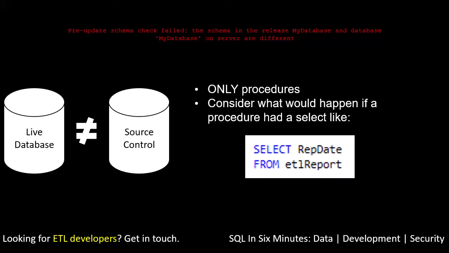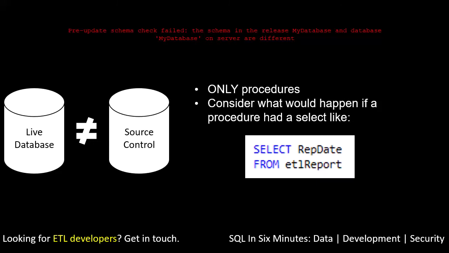So let me be very clear, this is not an error that you're going to get in some environments, because let's say you deploy every change to any object in a database, then there may not be this error that you ever see, because fundamentally the idea is you might be changing something in, let's say, a table, something in a view, something in a function, something in a schema, something in a type, etc., right?